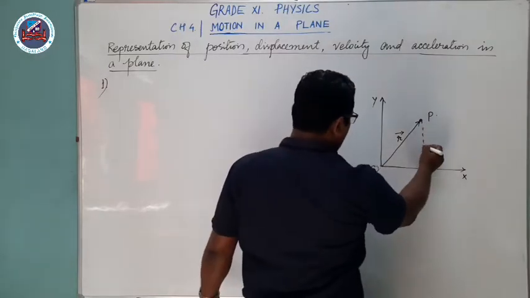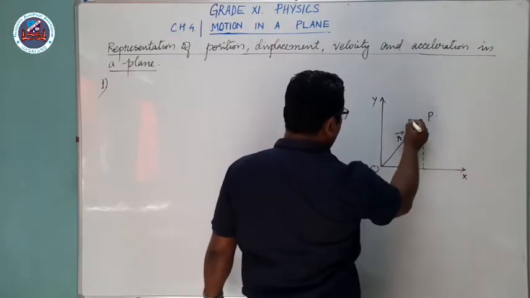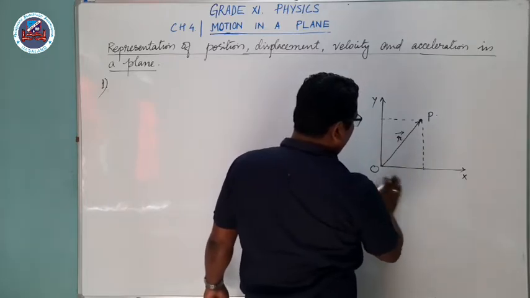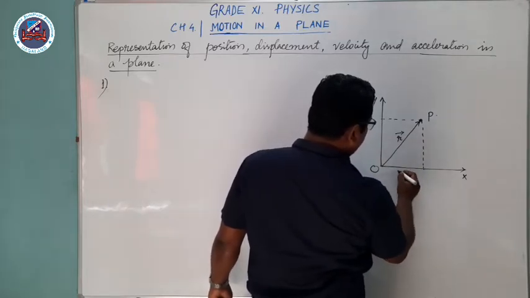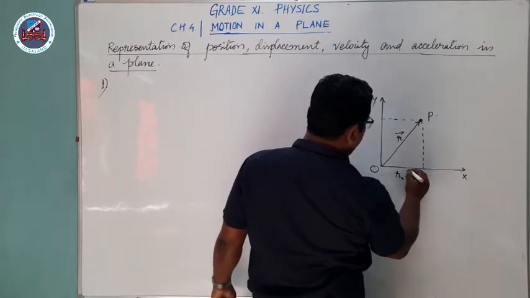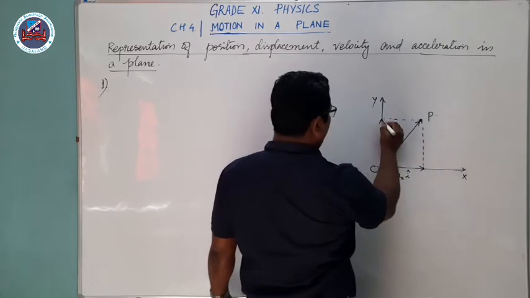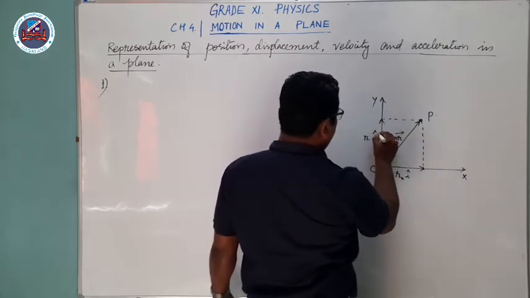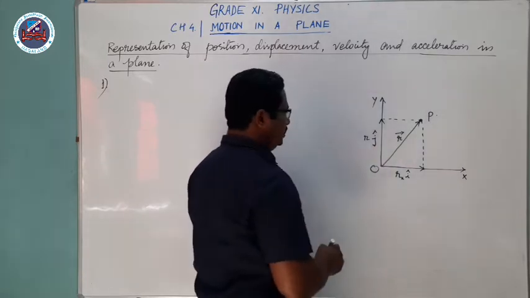If you resolve the position vector, you already know that it will be R along the x-axis, i cap, and R along the y-axis, j cap.